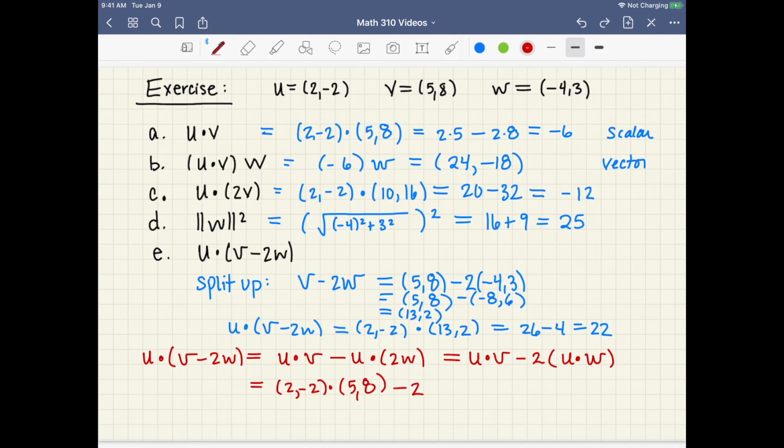So (2, -2) dot w, (-4, 3). So we have here again our 10 minus 16 giving us the minus 6 that we calculated in a, minus 2 times the u dot w. So minus 8 minus 6, producing minus 6 plus 28. So again we get the same answer of 22.